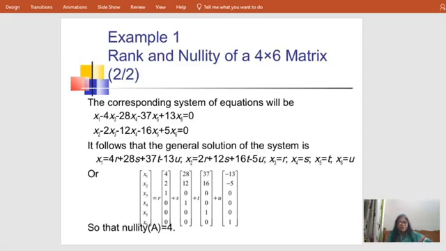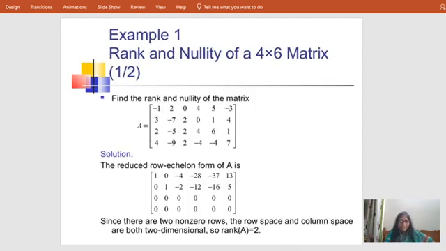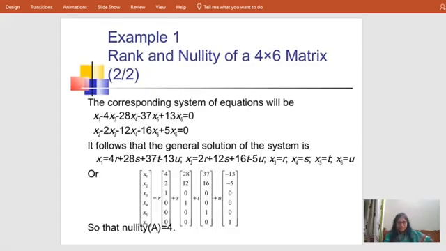Therefore, the null space of the given 4 by 6 matrix has 4 elements, so the dimension of the null space is 4, and the nullity of A is equal to 4. Hence, for the given matrix A of order 4 by 6, rank is 2 and nullity is 4.